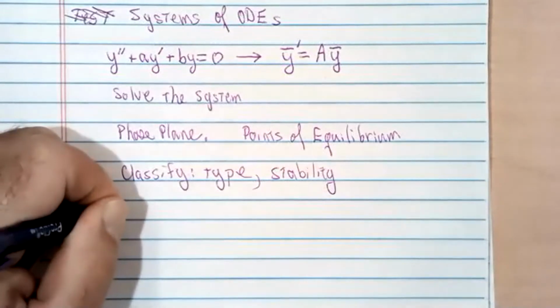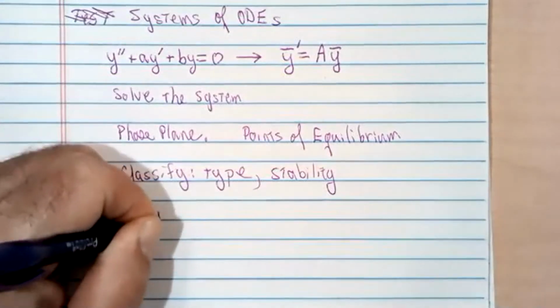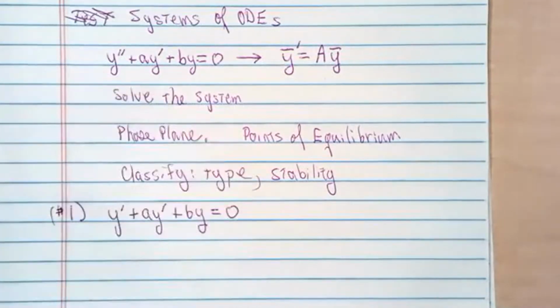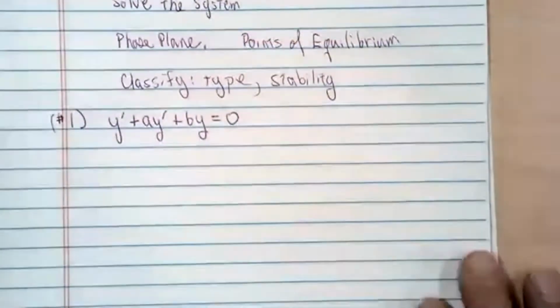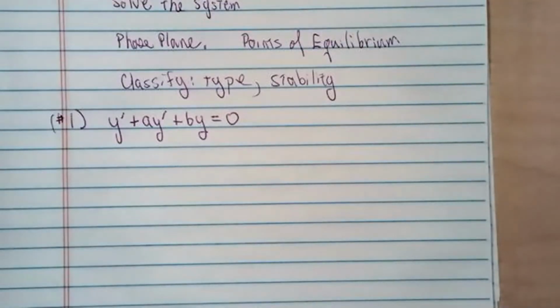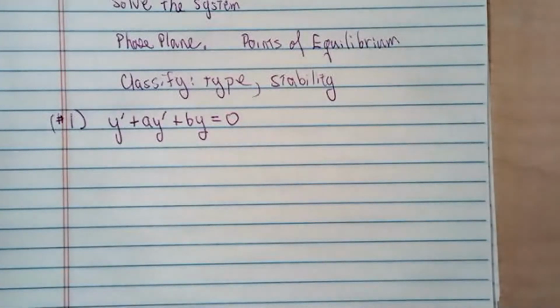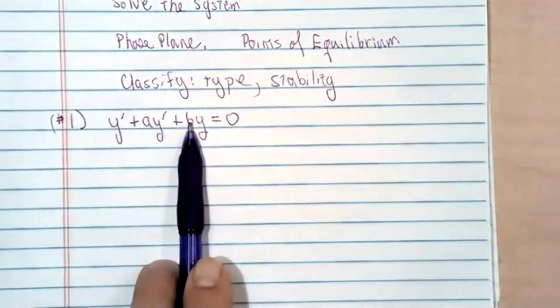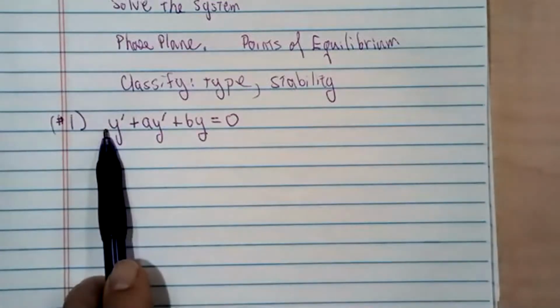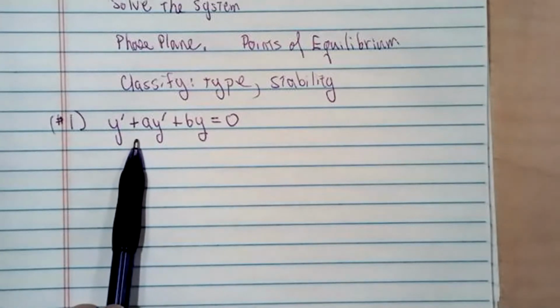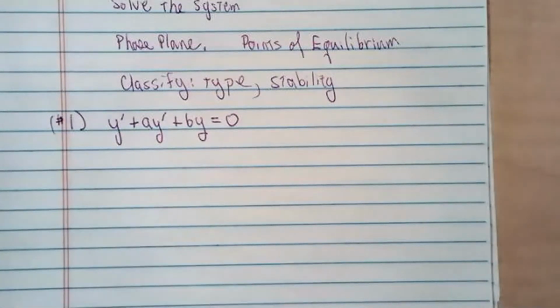The first thing we want to do is talk about this class of equations, and we want to be able to translate that into a first order system of equations. So this is second order; we're going to translate it into a first order system. In general, at least for linear equations, if you have an nth order linear ordinary differential equation, you can always translate it to a system with n variables, but first order.